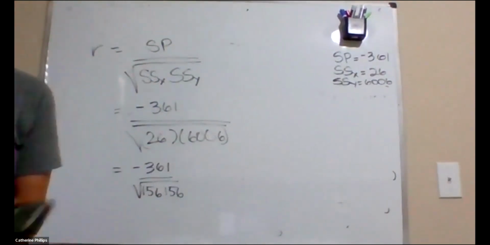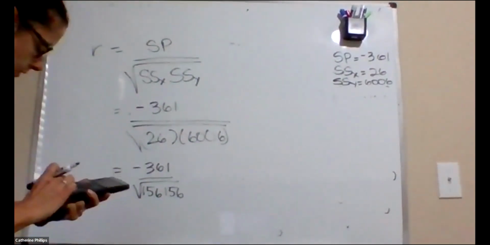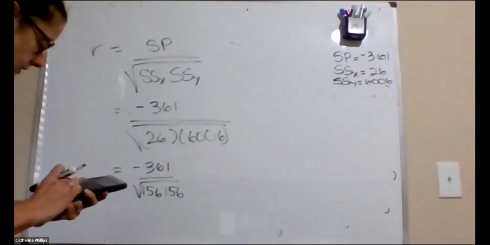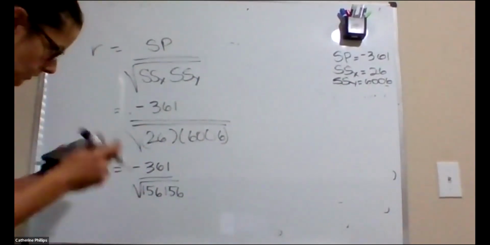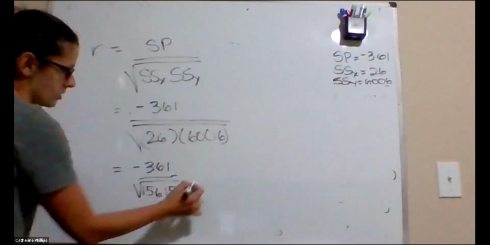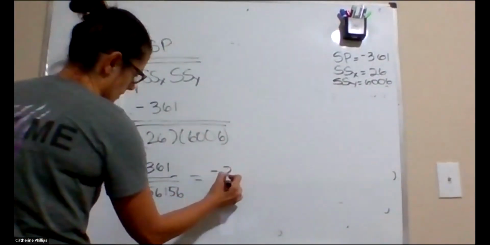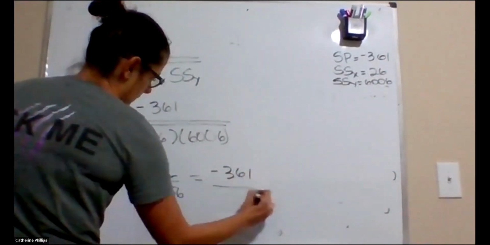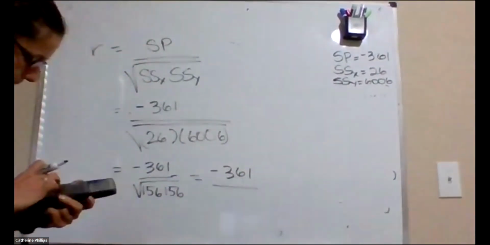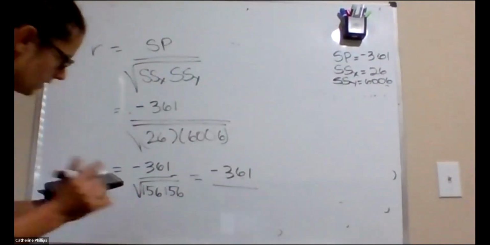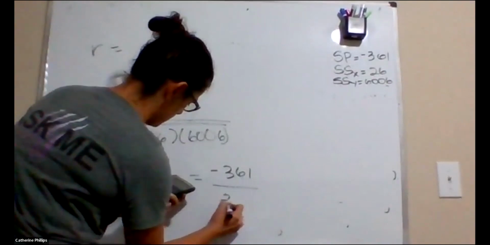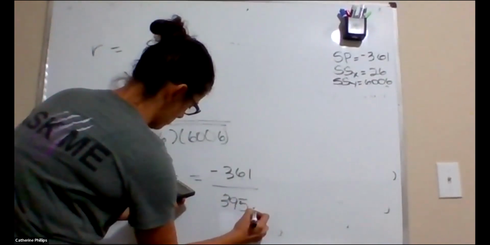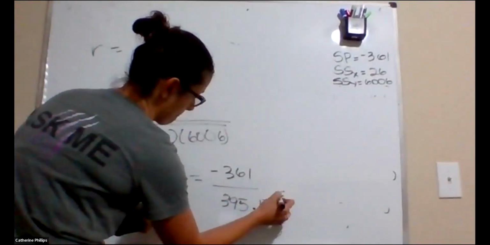I'm going to double check that. My handwriting's a bit sloppy. 26 times 6,006, 156,156. It seems like a kind of strange number, but it is what it is. So I take the square root of that number, and I get 395.17.